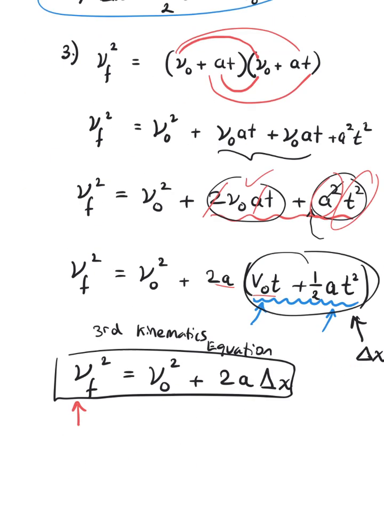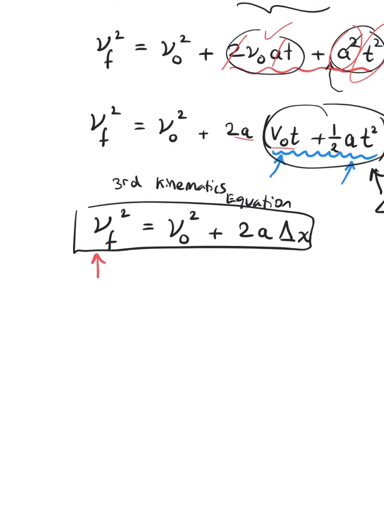T. So this equation, the third kinematics equation, allows me to calculate the velocity of an object at some future time. So in the future, that's why we call it v final, based on how far the object has traveled in the x direction. Not in terms of time. Notice that time isn't even in that equation. What's now in the equation is delta x, how far the object has traveled in the x direction.